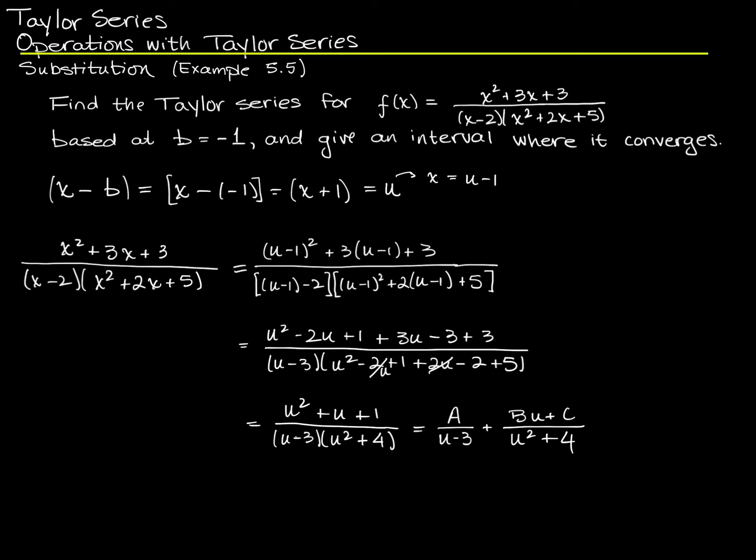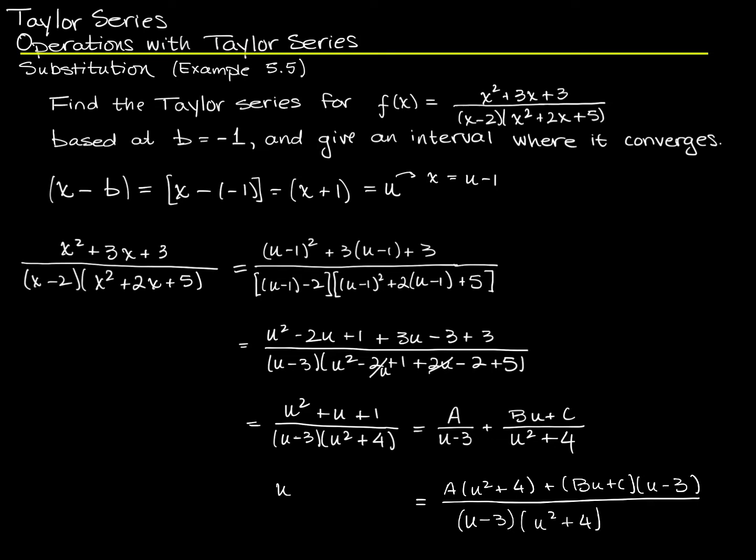And what that means is that the right-hand side, in order to have a common denominator, needs to be written as A times u squared plus 4 plus Bu plus C times u minus 3, and that's then going to be over the common denominator u minus 3 times u squared plus 4.